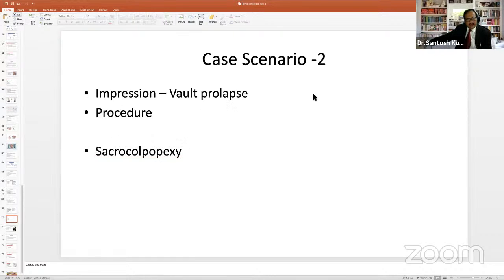So we can take a mesh, fix it to the sacrum, and fix it to the vagina entirely, and we can create a recto-vaginal fold or septum. In that area, we can fix the mesh. So enterocele and rectocele will also be taken care of. So sacrocolpopexy with one loop entirely, one loop going down into the recto-vaginal septum will solve all the problems.